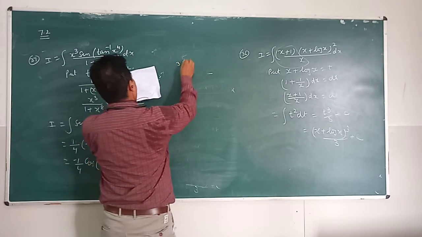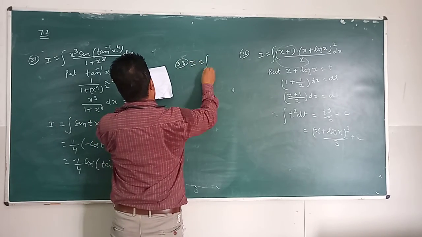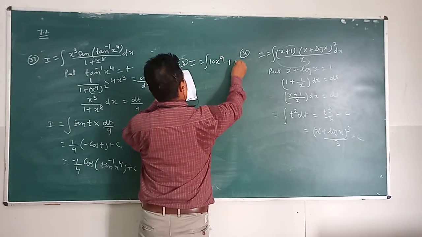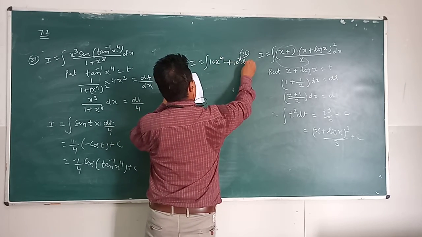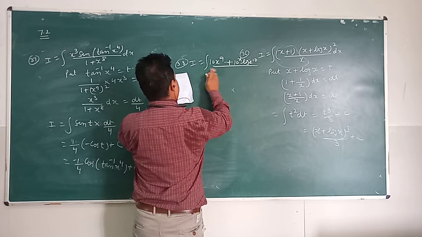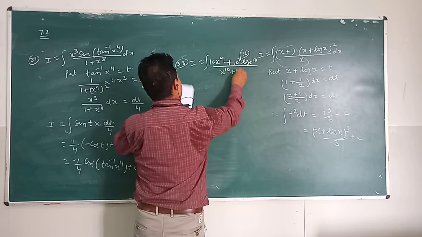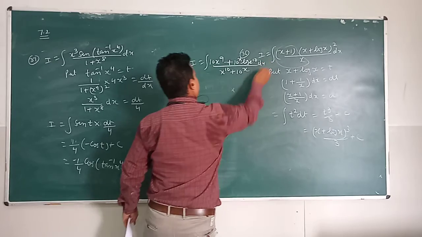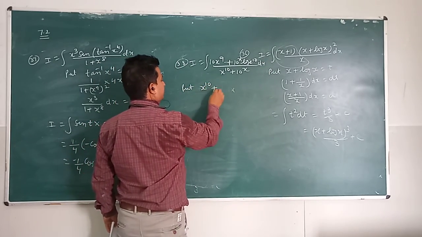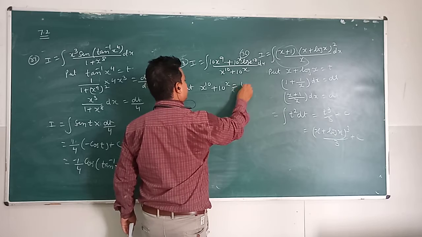In question number 38, the statement is (10x to the power 9 plus 10 to the power x log e base 10) upon (x power 10 plus 10 to the power x). In this question, we put x power 10 plus 10 to the power x equals t.